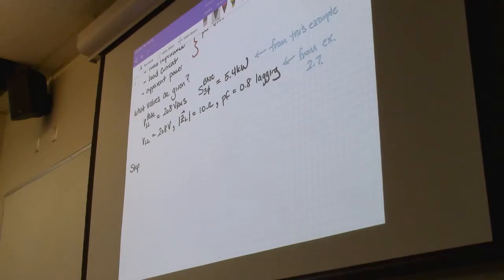So let's draw a schematic in per phase, which is essentially the answer that we got from example 2.7. So what we got when we did 2.7, after we had completed it, was we ended up with something that looked like this.